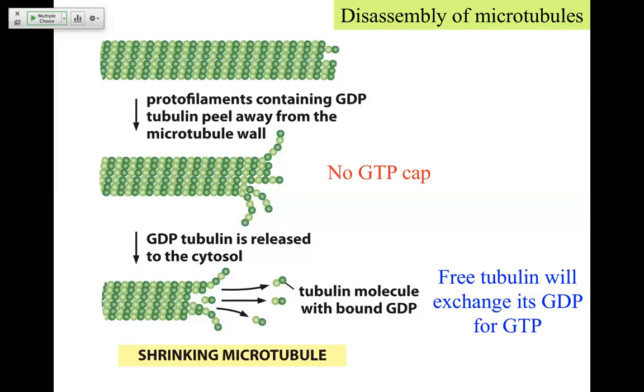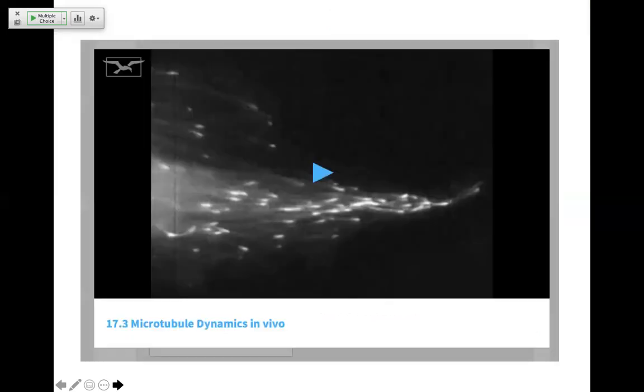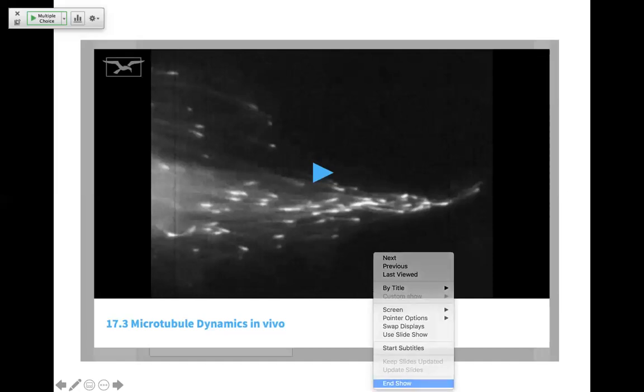So there's always a source, there's always a pool of free tubulin that can be added, can allow for growth, but the concentration of that will determine whether or not any given microtubule is growing or shrinking. So we can see that here actually. So a quick little video right here.